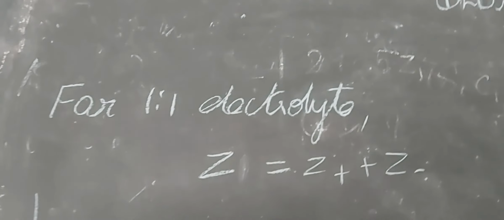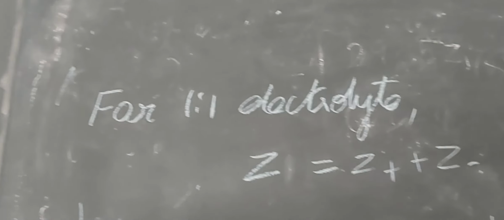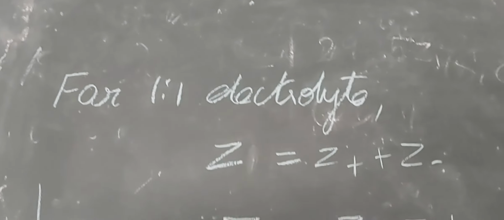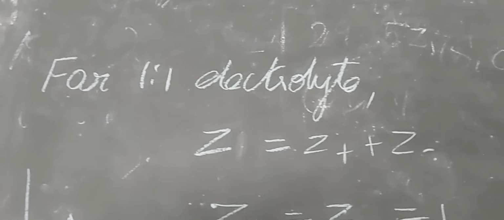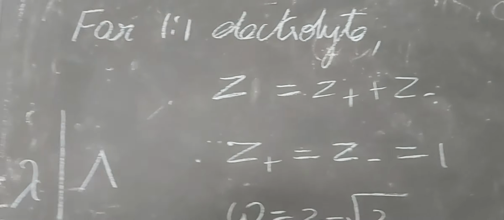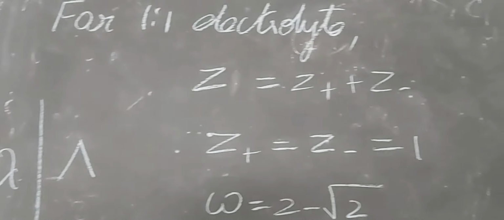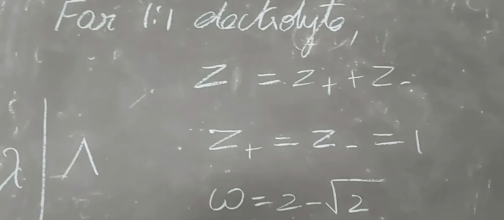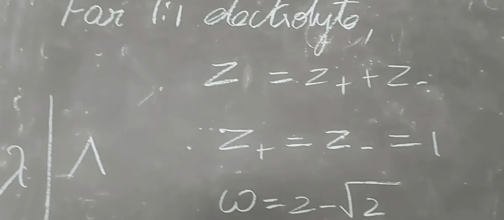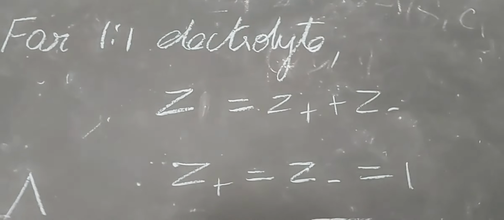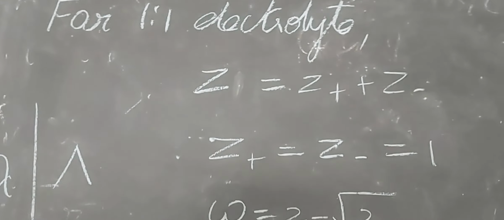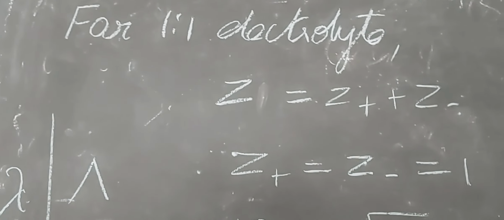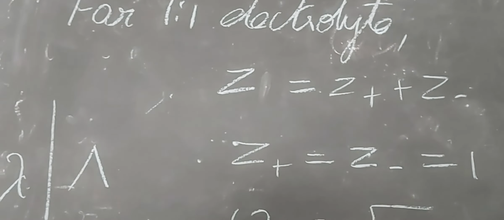So we saw all those equations for the 1:1 electrolyte. I am taking Z minus and Z equal to Z plus and Z minus, which we saw. So what is the Z plus value? Z plus is equal to Z minus, which is equal to 1, meaning Z is equal to 1. All we know is that Z is equal to 1, because this is a charge which can be a positive charge or a negative charge. What is omega? We already saw omega is equal to Z plus Z minus.